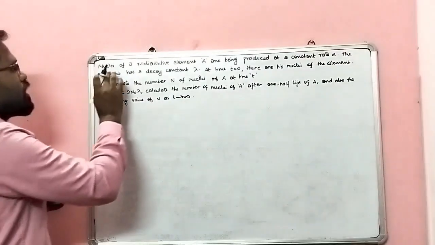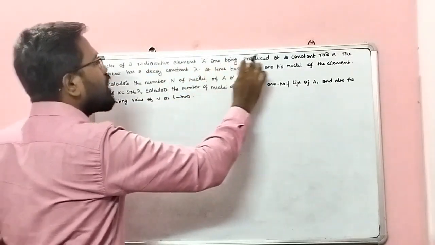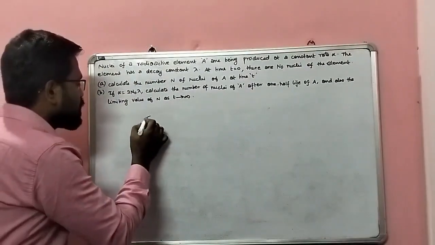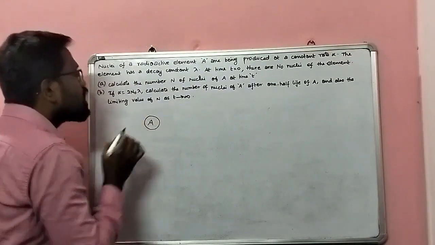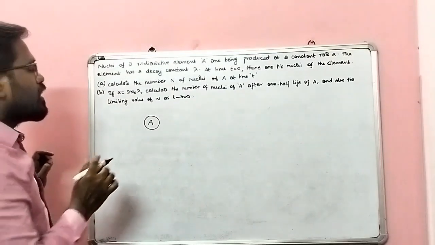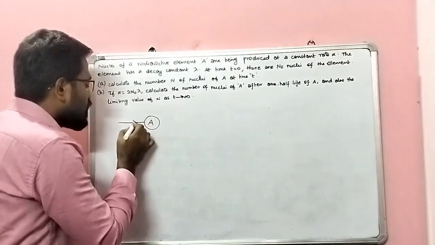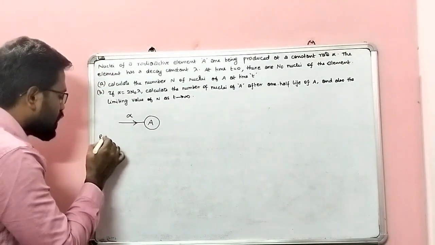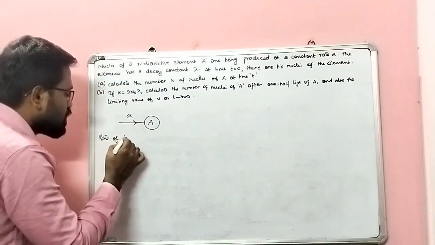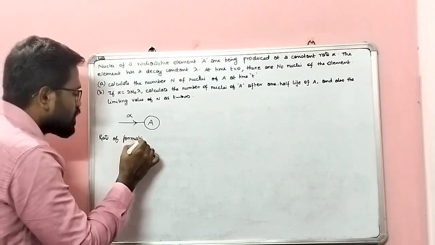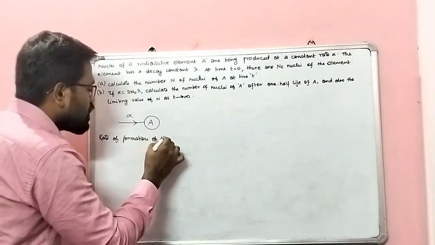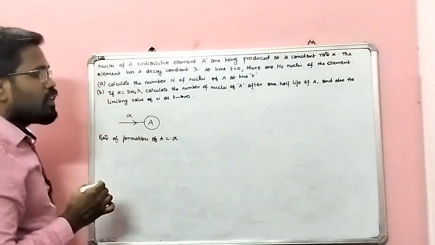Now if you look at this, the nuclei of a radioactive element A are being produced at a constant rate alpha. It means the rate of formation of the nuclei A is given as alpha.